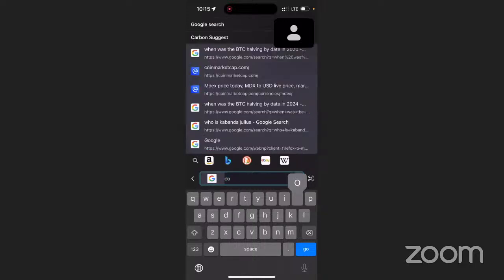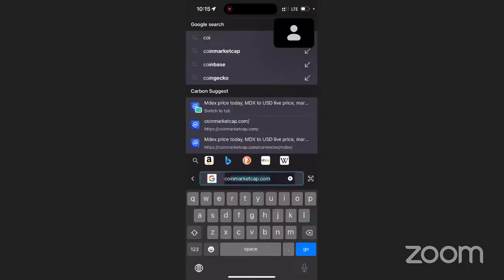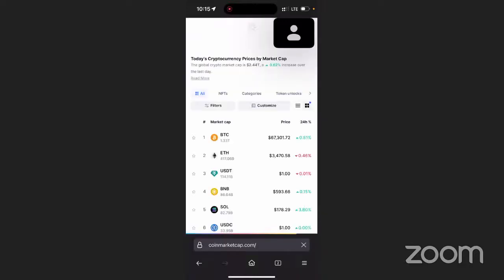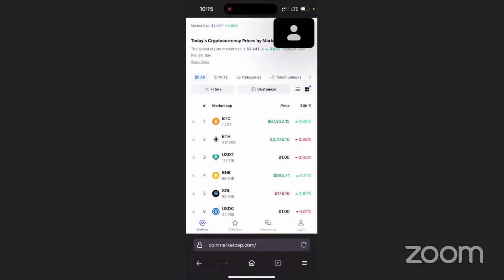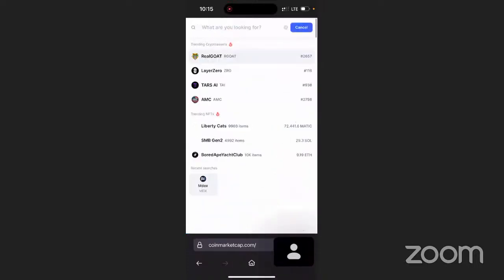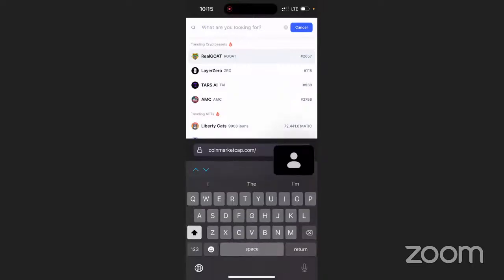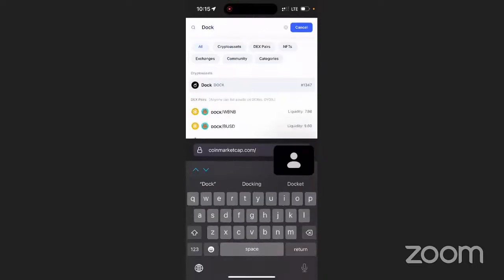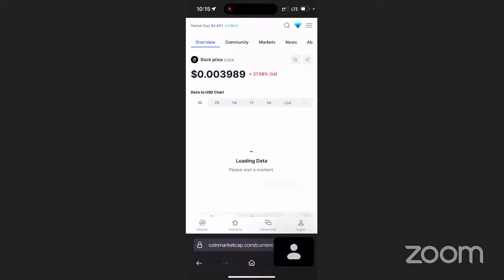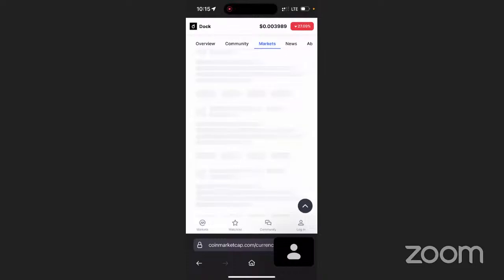You can also do the same thing with these other coins like Polyx and Dock. Dock has also been delisted by Binance. What you do, come on markets, look at centralized exchanges.